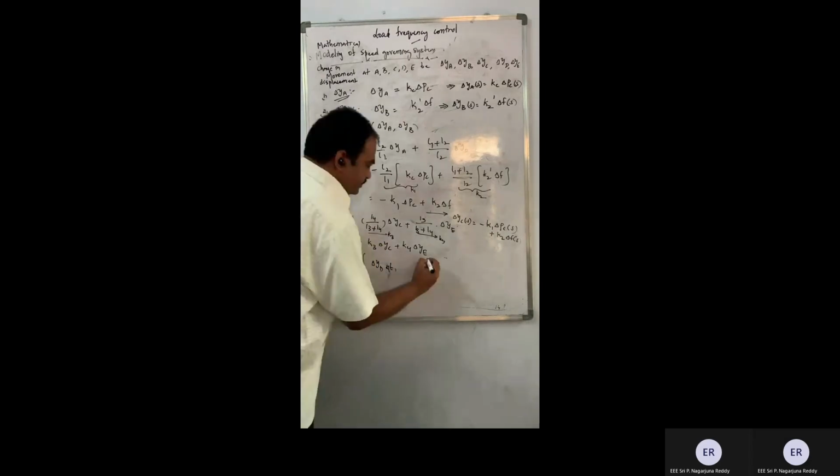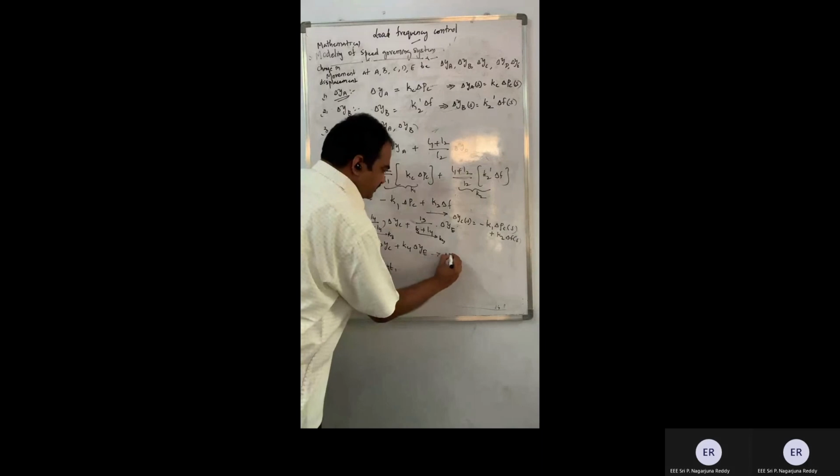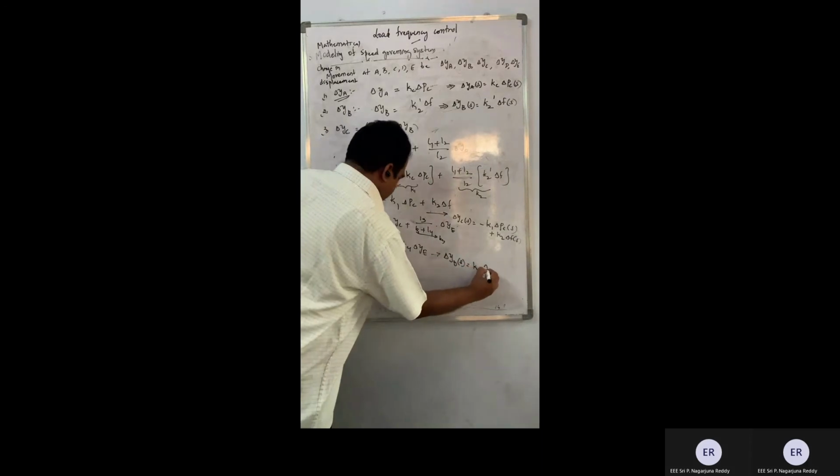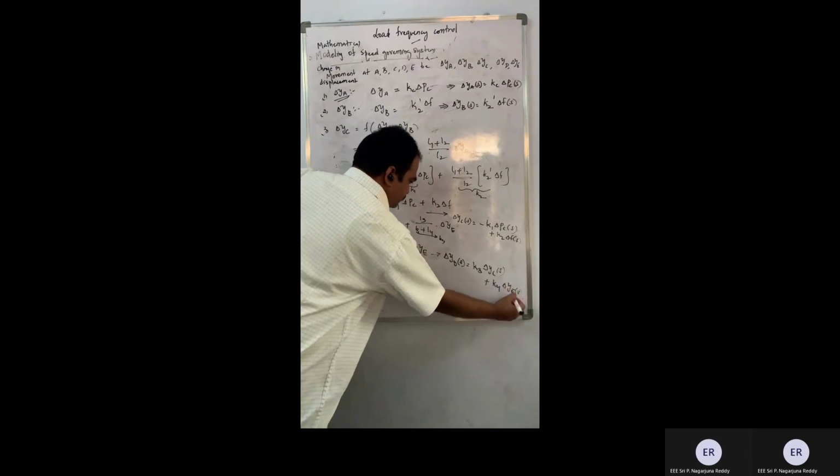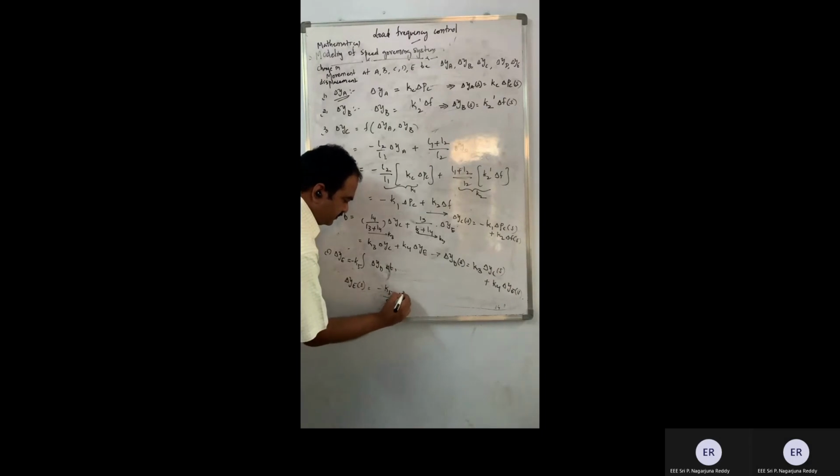And next is the fourth equation, which is delta YD of s, equal to K3 delta YC of s plus K4 into delta YE of s. And the last equation, delta YE of s is equal to minus K5. I do have an integral here, so I'll be getting 1 by s into delta YD of s.